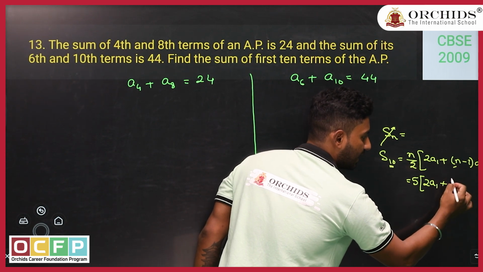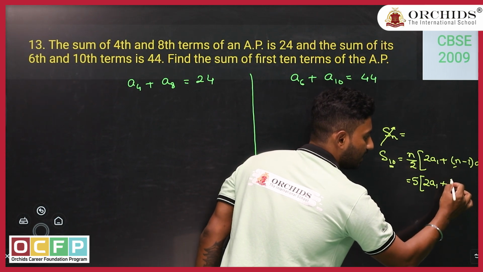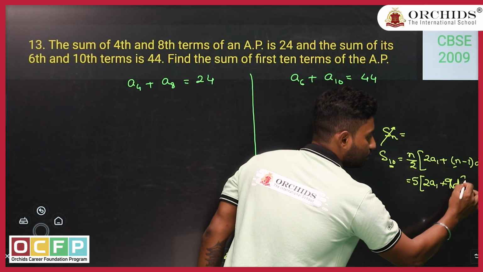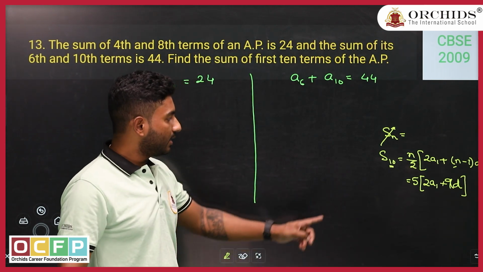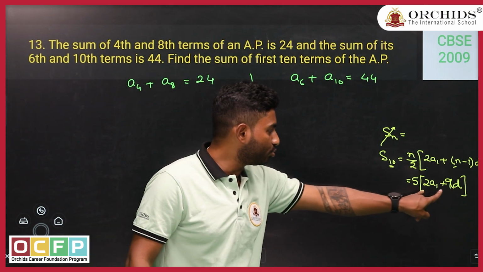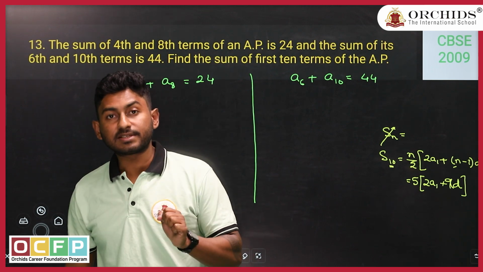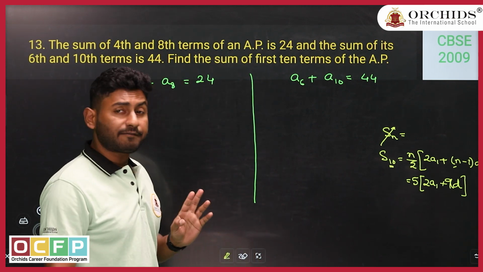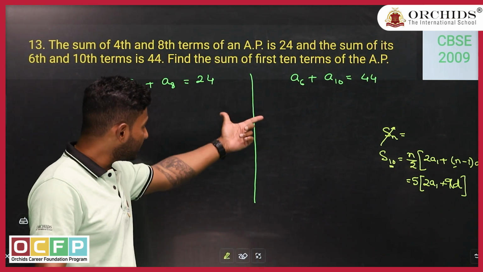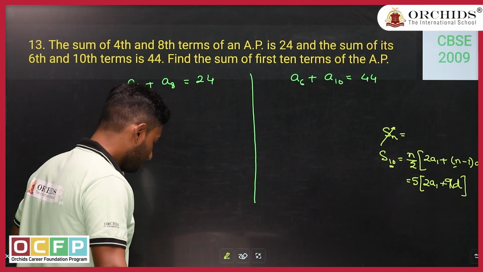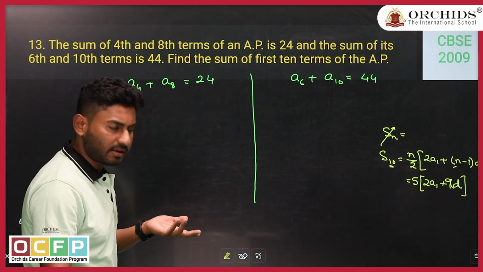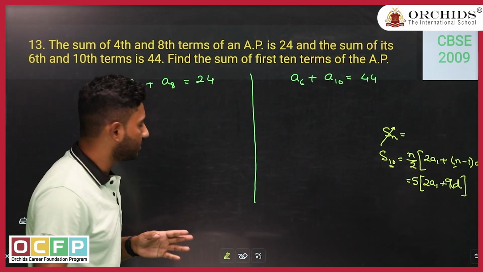What is n? 10. 10 minus 1 is 9. So if you see, to get S10, I need two things: one is A1 and one is D. So these two I have to find out anyhow. So these are the two given things, right? So let's try using it. Can we find out what A1 is, what D is? Okay, let's see.